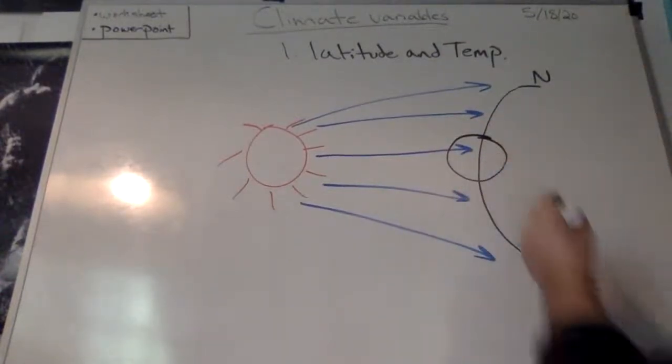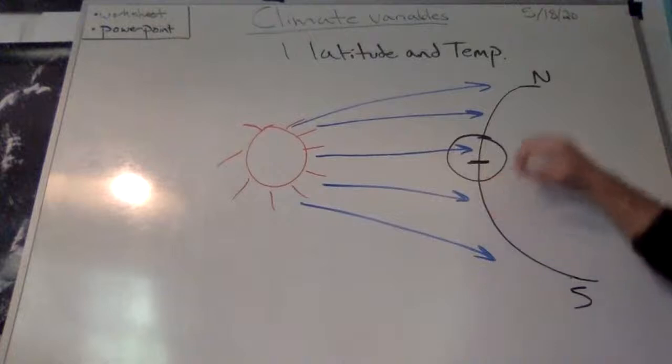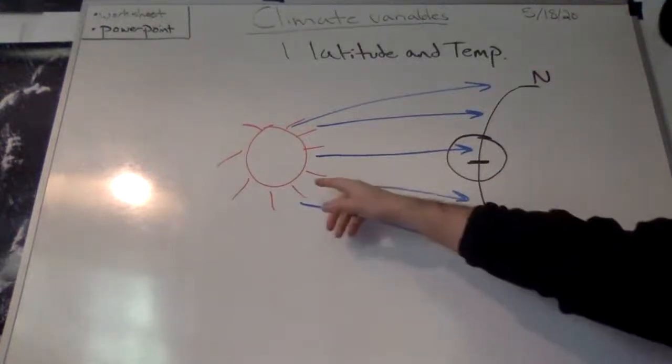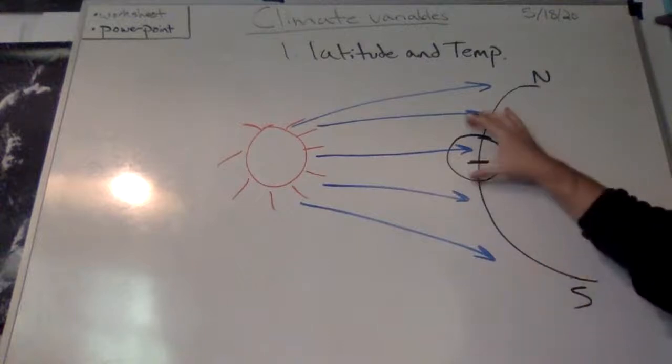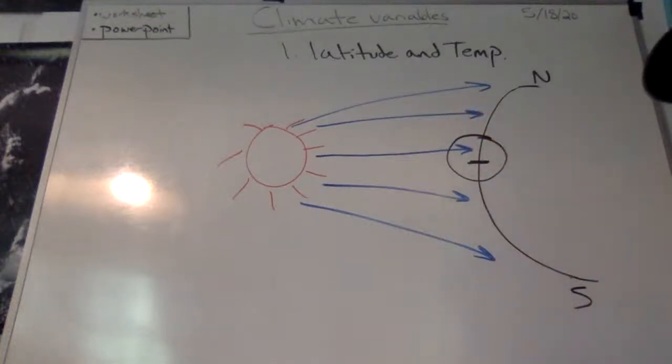Right here is the equator. That's why the equator is a lot warmer than places like the North Pole and the South Pole, because the angle of sunlight hitting it is a lot greater than in the North and South Pole areas.